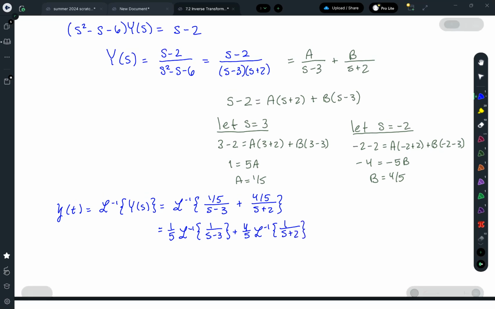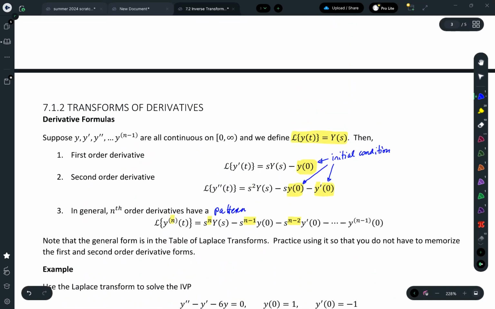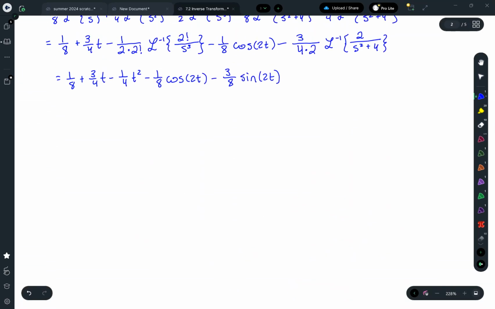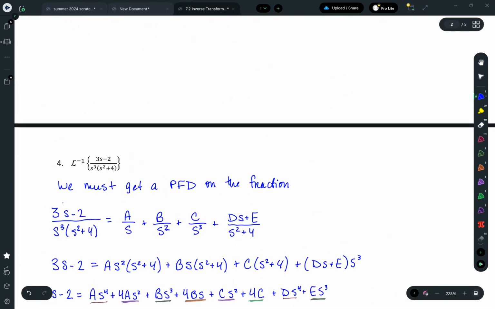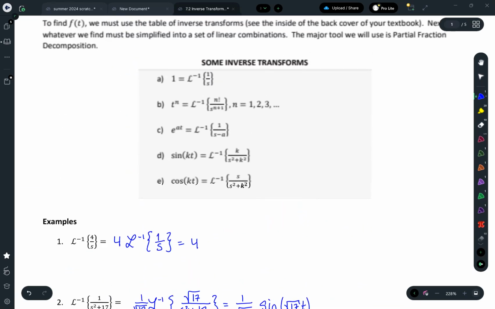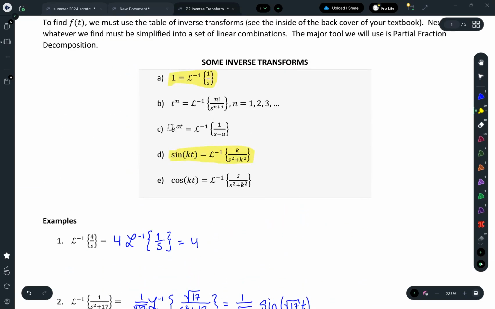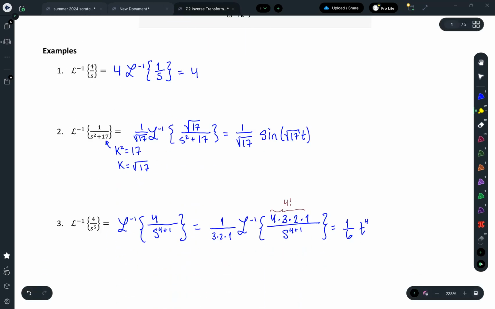So I'm going to go up to our little table that we had. It looks like I am interested in C. If I take the Laplace inverse of 1 over S minus A, I get e to the AT.